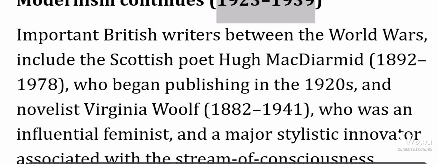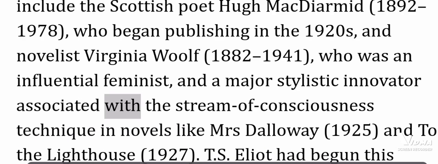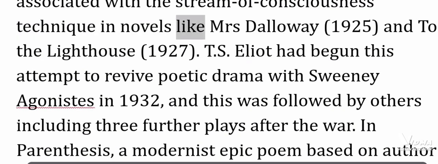Modernism continues, 1923 to 1939. Important British writers between the World Wars include the Scottish poet Hugh MacDiarmid, 1892 to 1978, who began publishing in the 1920s, and novelist Virginia Woolf, 1882 to 1941, who was an influential feminist and a major stylistic innovator associated with the stream of consciousness technique in novels like Mrs. Dalloway, 1925, and To the Lighthouse, 1927.